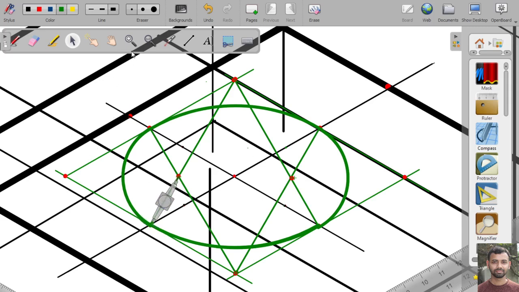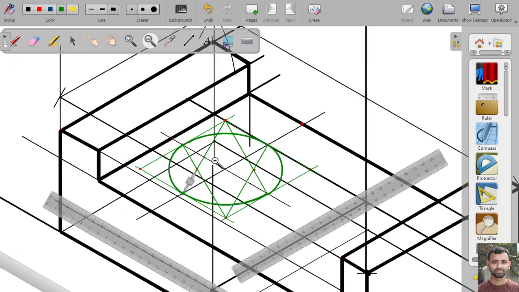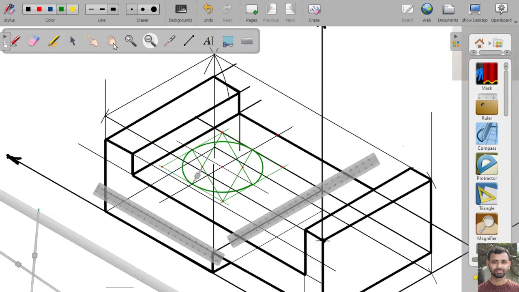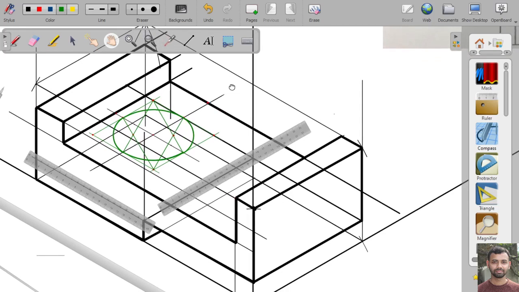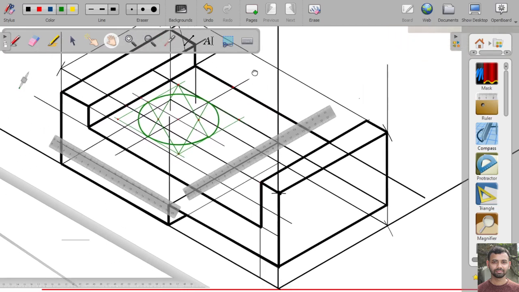Okay, so this is the complete circle, and this is the view of the hole in the isometric view.